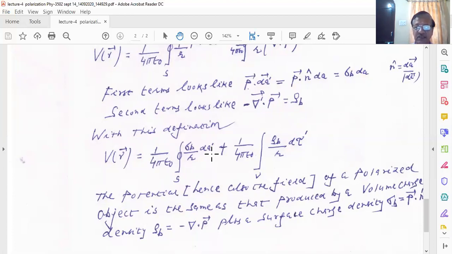That means the total potential is the potential due to the surface bound charges plus the potential due to the volume bound charges. So you see, this is kq by r, and this is also like kq by r. This is the simple expression which we have derived.